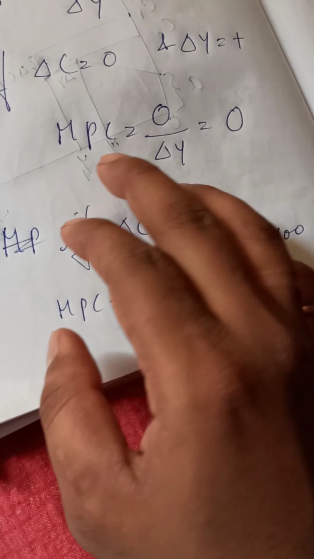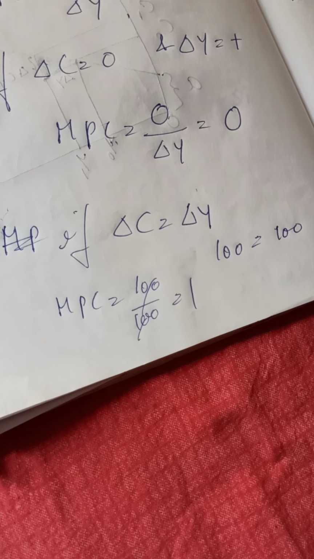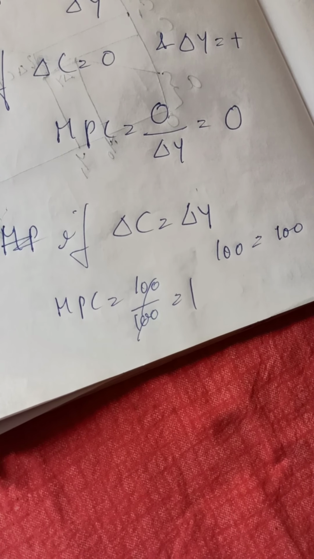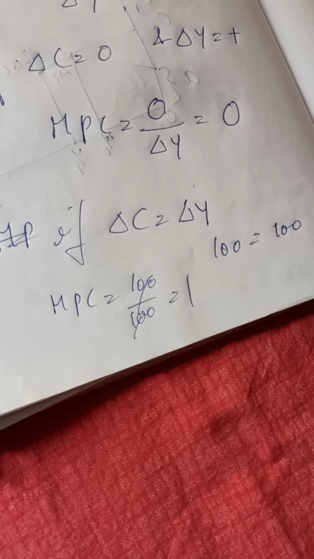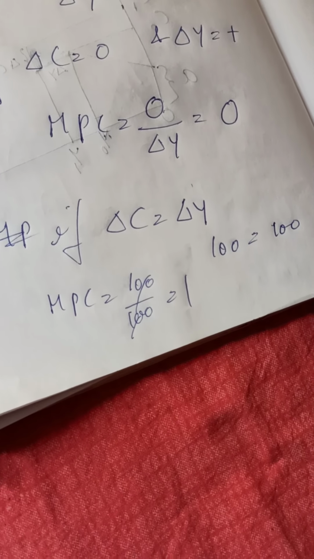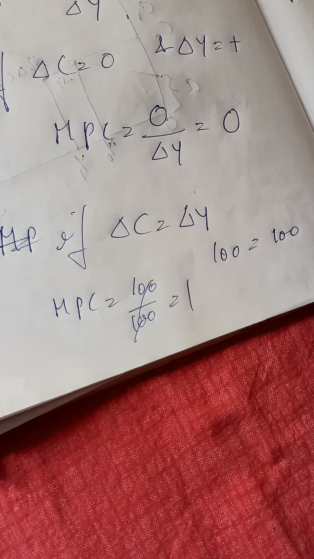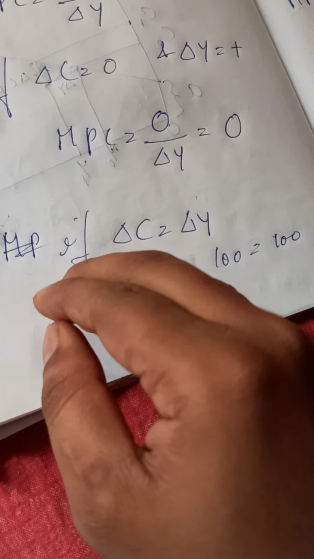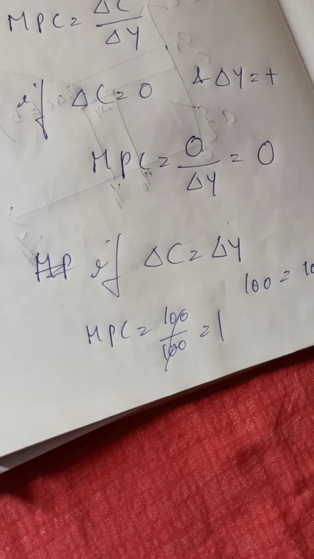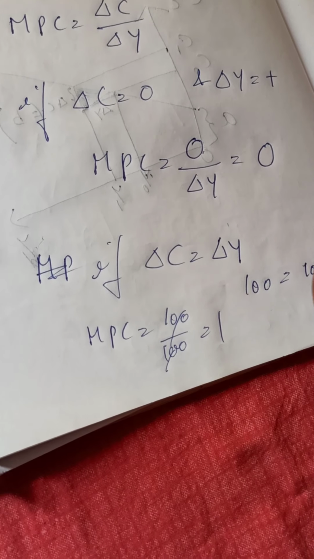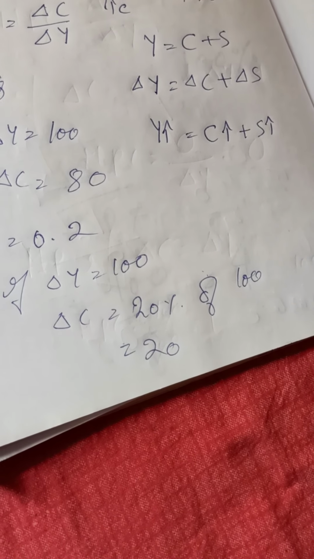Similarly, the minimum level of MPC will be 0. You can consume 0 amount at least, meaning you are not consuming anything, but you cannot consume anything in negative, so it cannot fall below 0. Okay, so I hope the concept of MPC and the concept of the consumption function is clear to you.